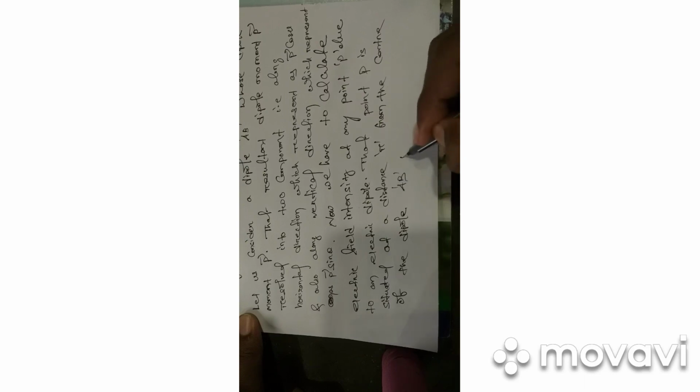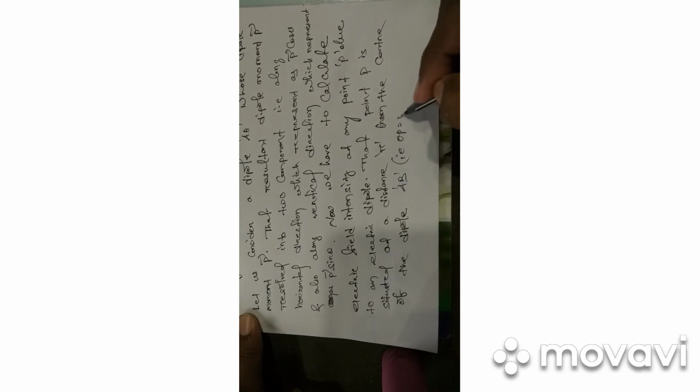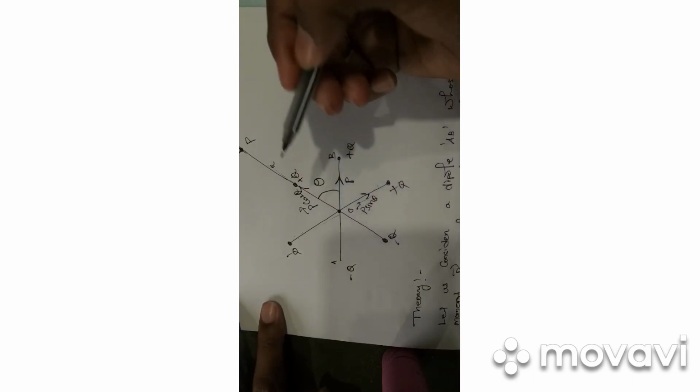Okay, that point P is situated at a distance r from the center of the dipole AB, that is OP equal to r. So this is the distance between O to P, which is r. Clear?